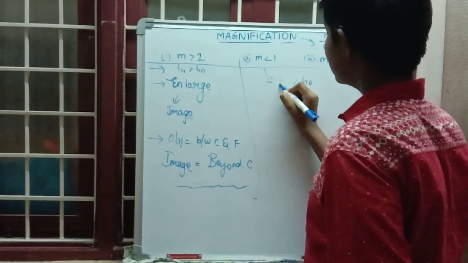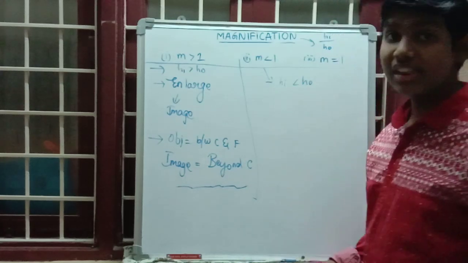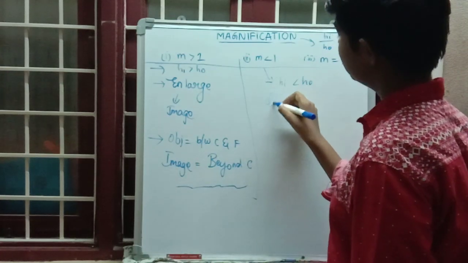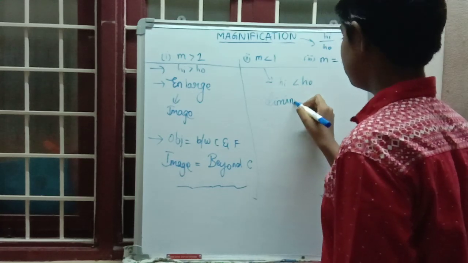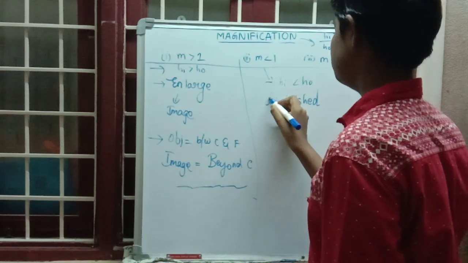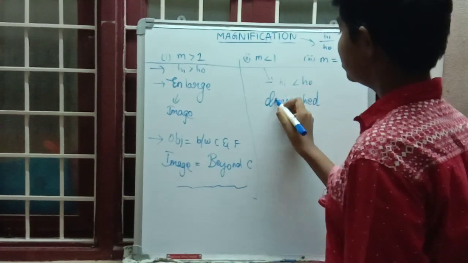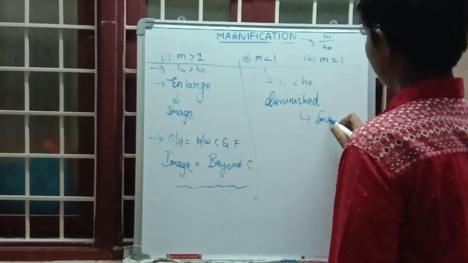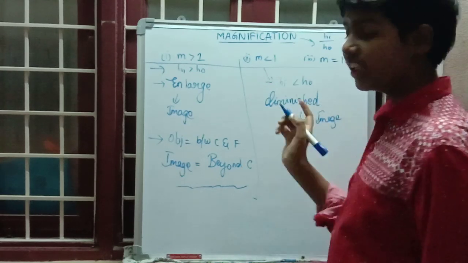That's why height of image is less than the height of object. Enlarge, opposite: diminished. So the image is diminished.